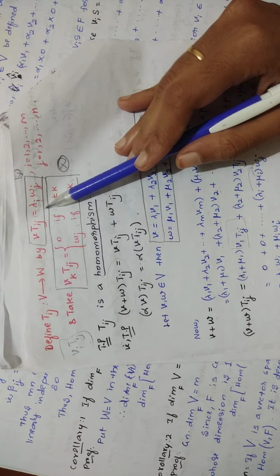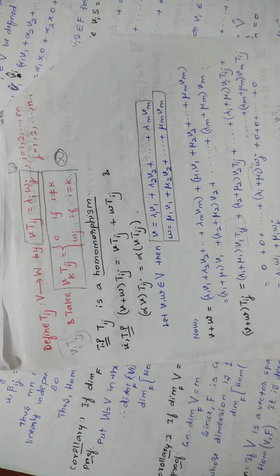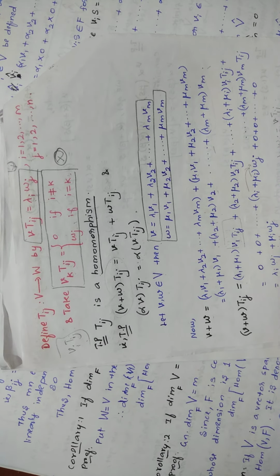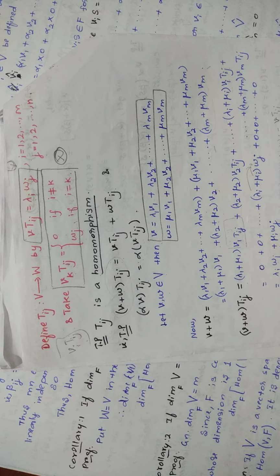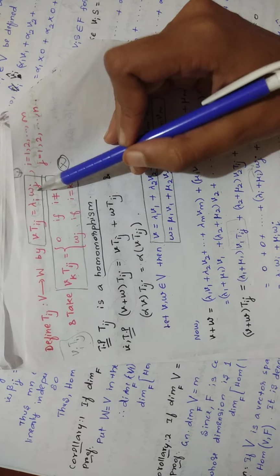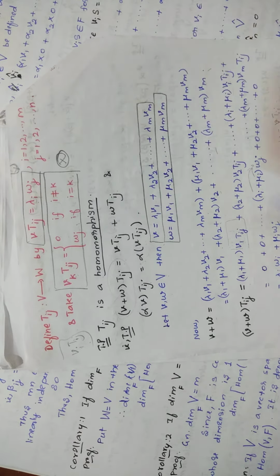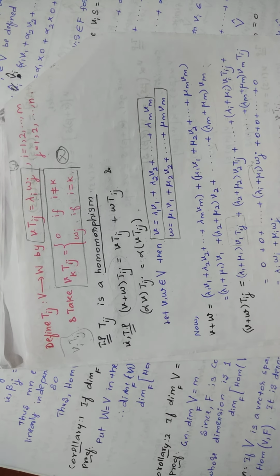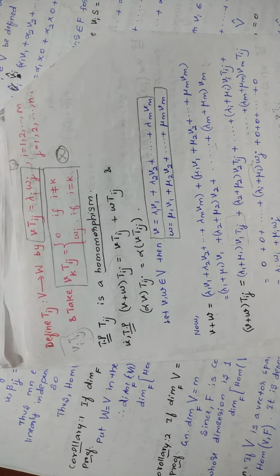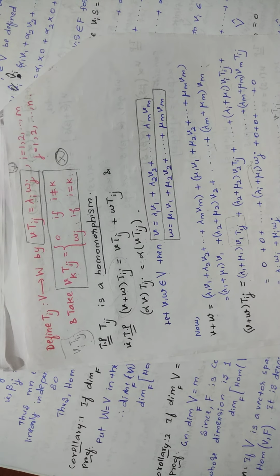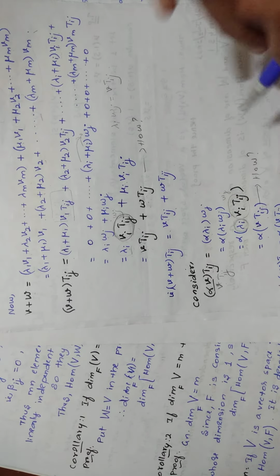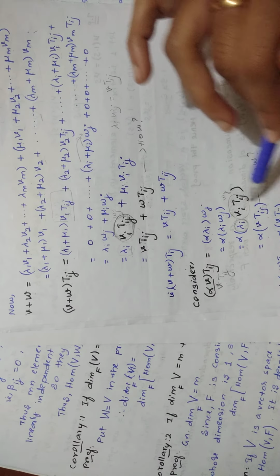That is what this condition says to us. So that is how you are writing vi Tij here, plus here you are writing w Tij. To show the variation you are writing in that format. In the place of here you are writing v and here you are writing w. That's the only difference. Now the first condition of the homomorphism is satisfied, and this is the second condition.